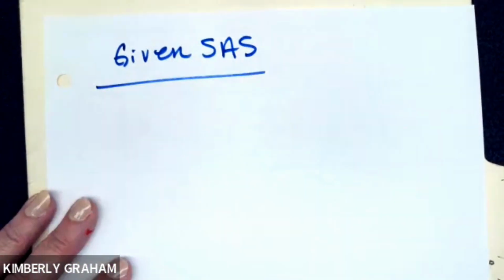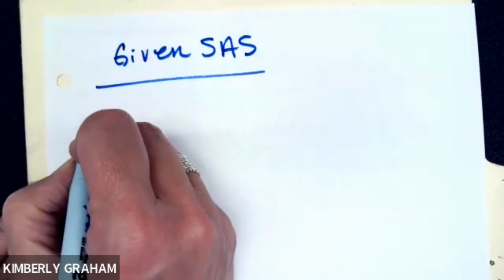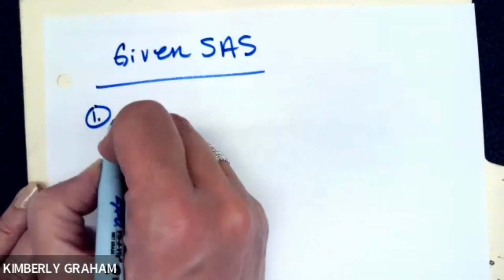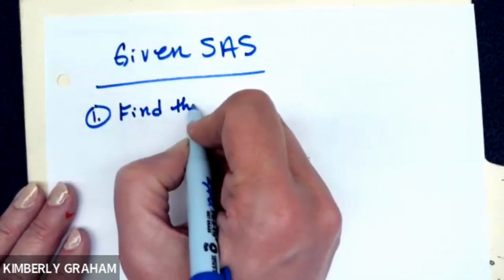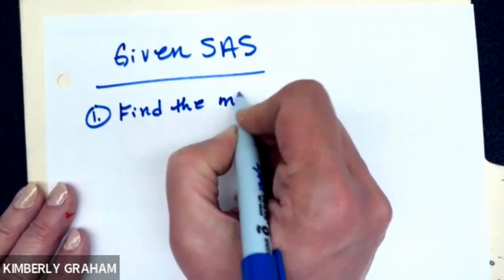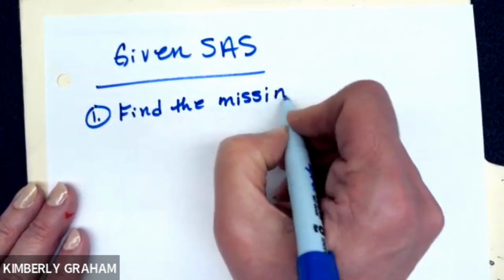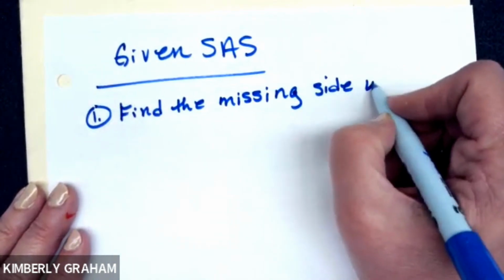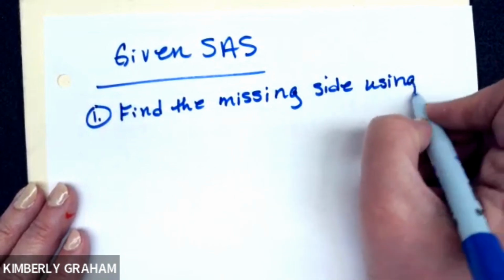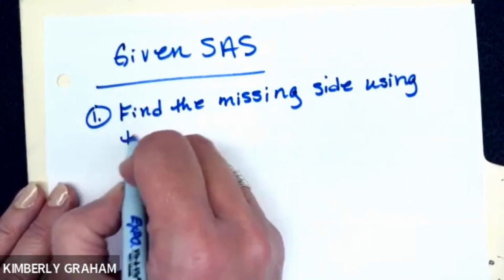But if you are given this, then your first step is to find the missing side using the law of cosines.